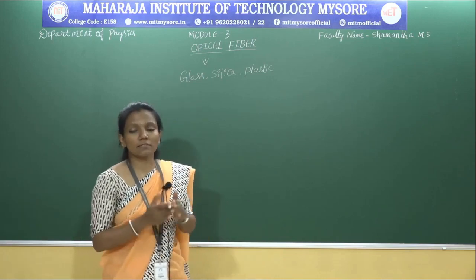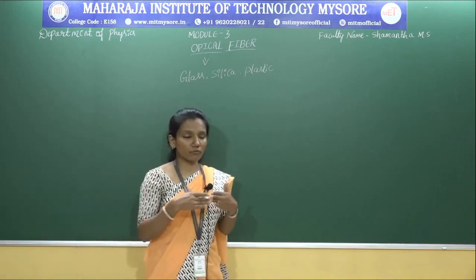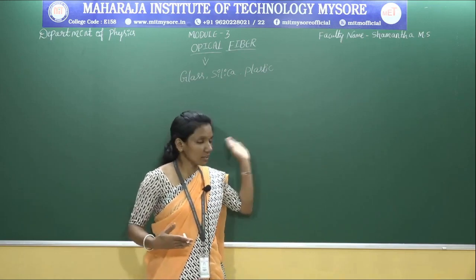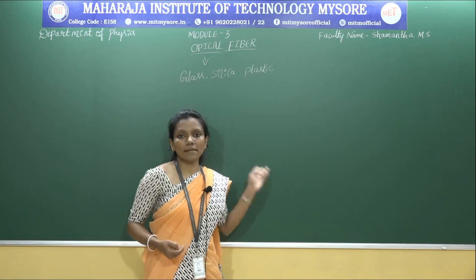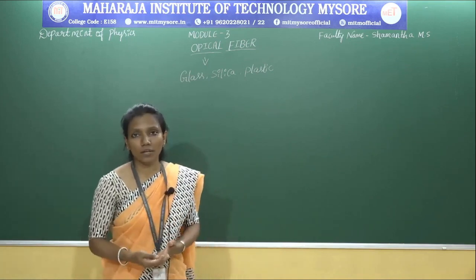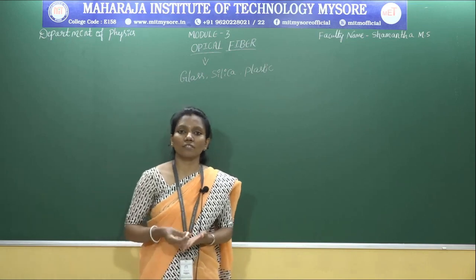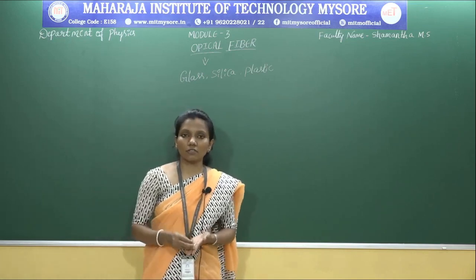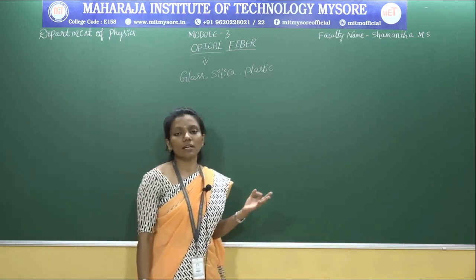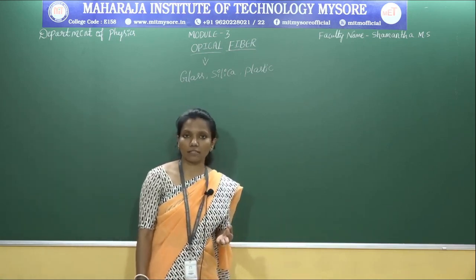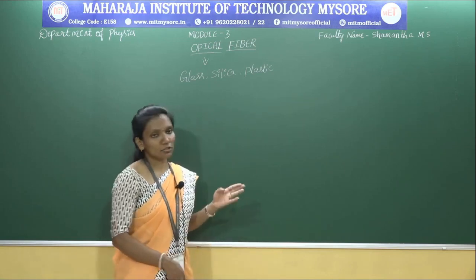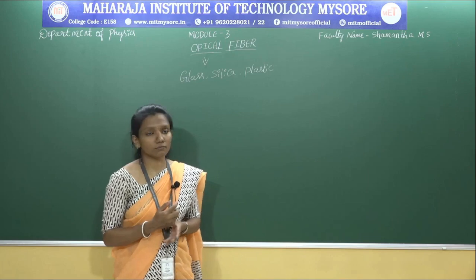It will pass the information easily from one point to another point without any loss of signals. Optical fibers are widely used for communication purposes, to transfer data from one end to the other.